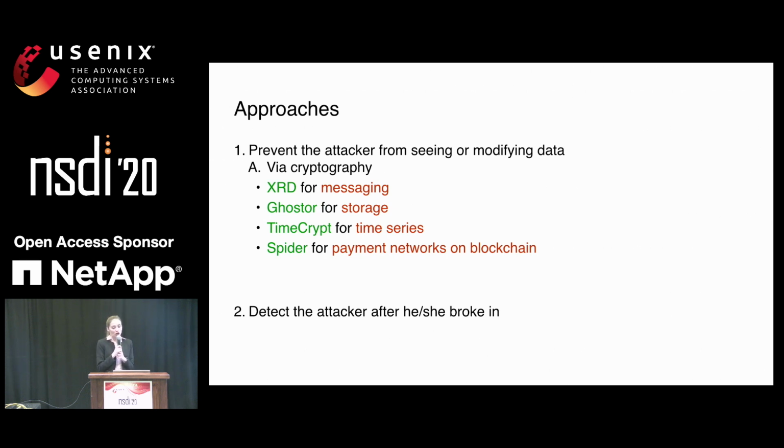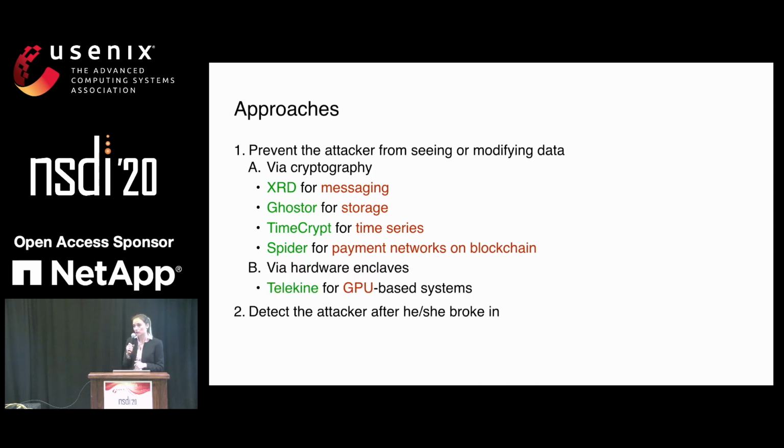So in terms of cryptography, we have systems such as XRD for messaging, then Ghost Stories for storage, TimeCrypt is for time series databases, and Spider is for payment networks on blockchain. The second approach is via hardware enclave, so this is via trusted hardware execution, and this is, for example, Telekin for GPU-based systems.